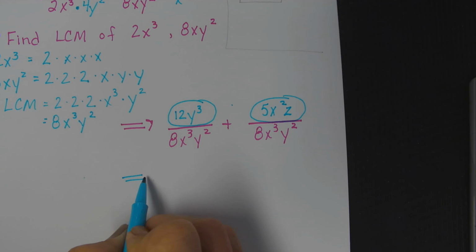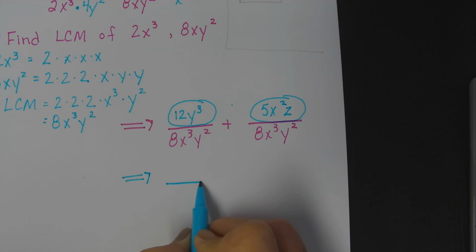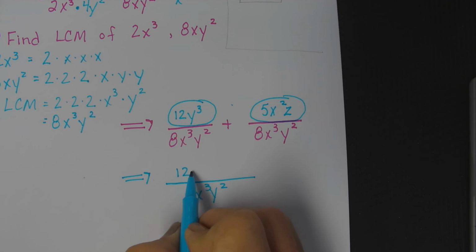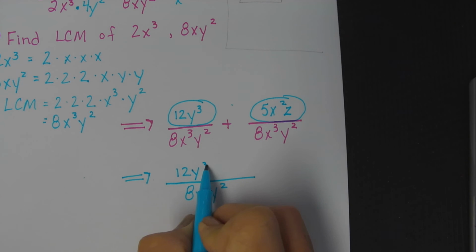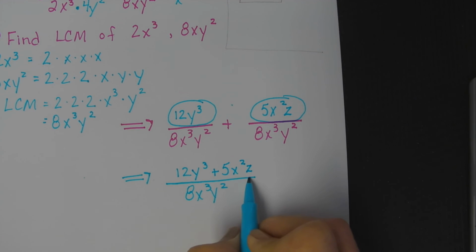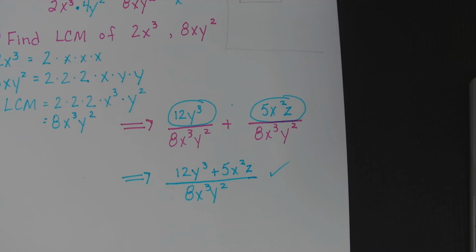Weirdly enough, your answer's denominator is 8x to the third y squared. And all you need to do, well, you can't add. The terms aren't like terms. Okay. Yeah, that's it.